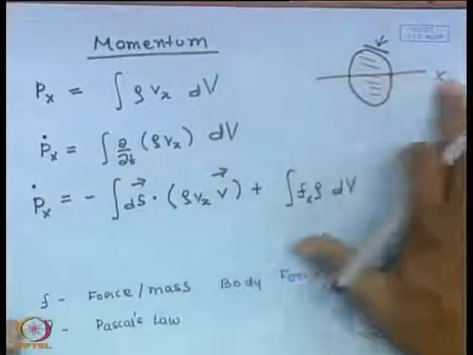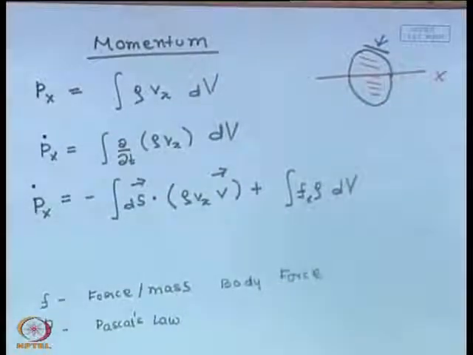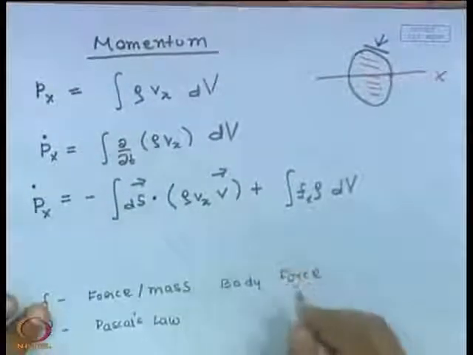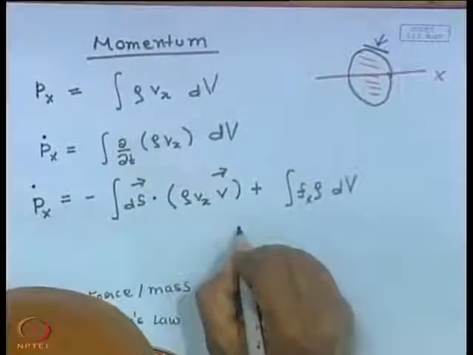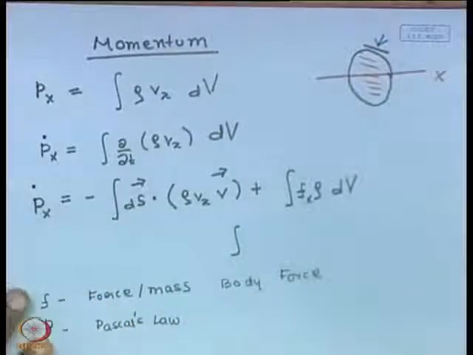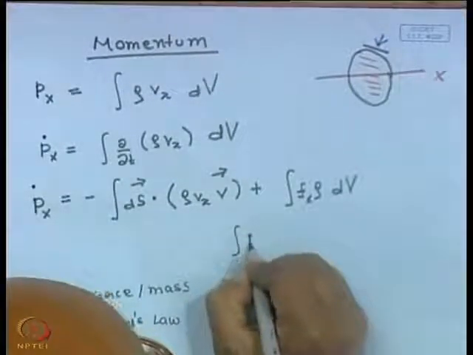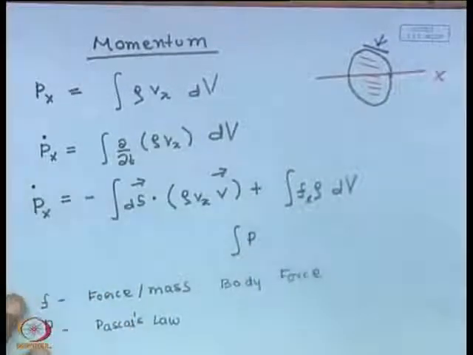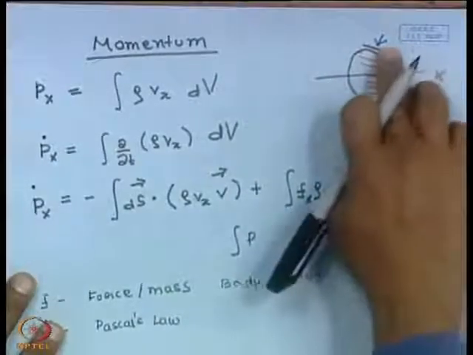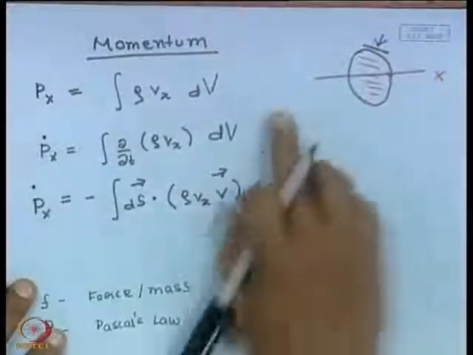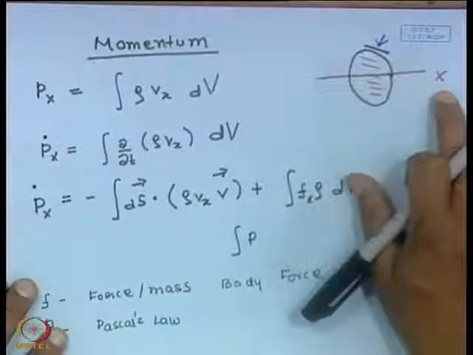So, if I want to calculate the total external force due to the pressure, I am interested only in the x component of that. So, then I can write one more force term, which is the integral of pressure into the x component of the surface area, because the pressure is always along the surface area and we are interested only in the x component of the force.